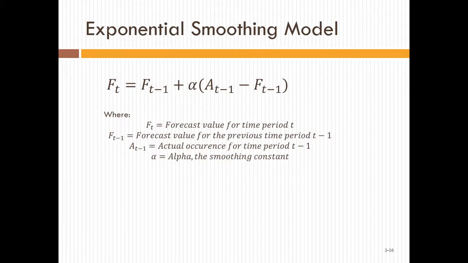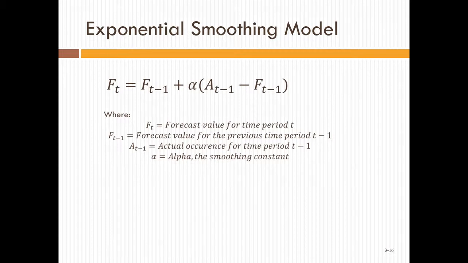So t minus 1 is the time period just before that. As an example, if I were trying to forecast for July, which would be the 7th month, then the t minus 1 would be the 6th month, or June. And it works the same way if you're talking about weeks or days. You just subtract 1 from where you're at for that particular time period.